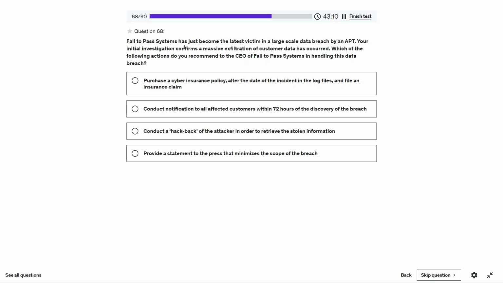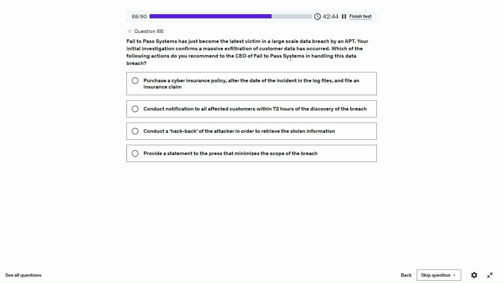Fail to Pass Systems has just become the latest victim in a large scale breach by an APT, advanced persistent threat. Your initial investigation confirms a massive exfiltration of customer data has occurred. Which of the following actions do you recommend to the CEO of Fail to Pass Systems?